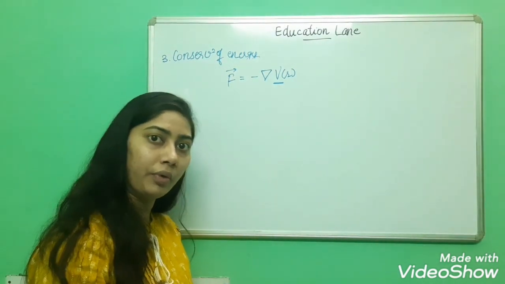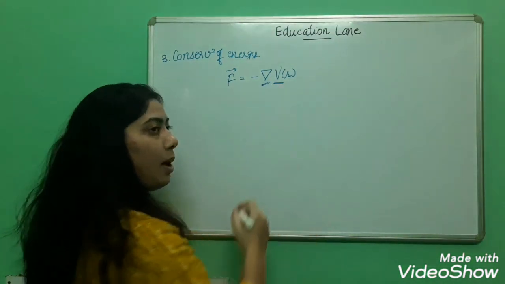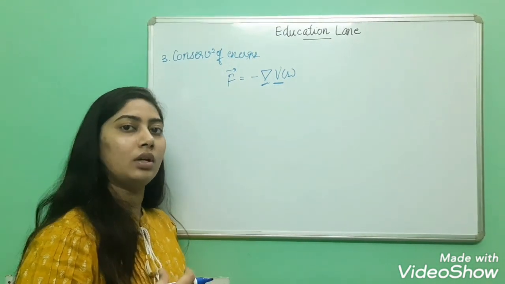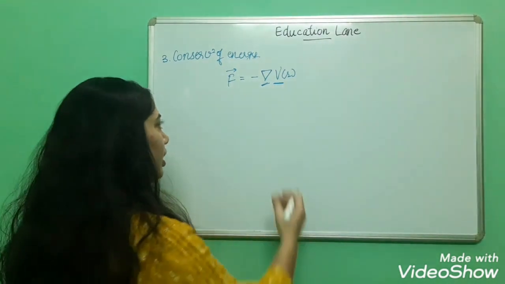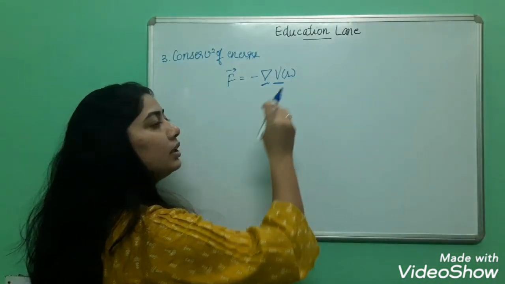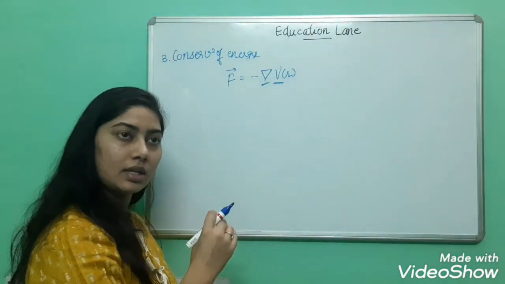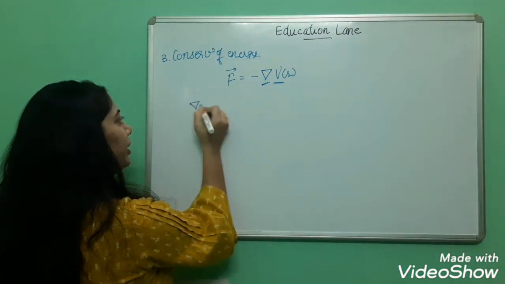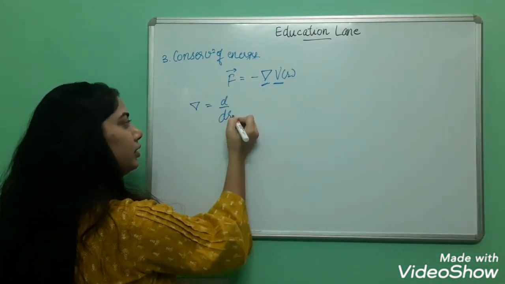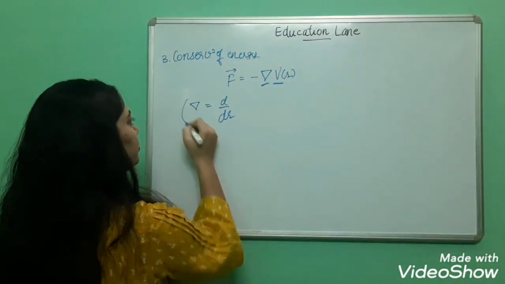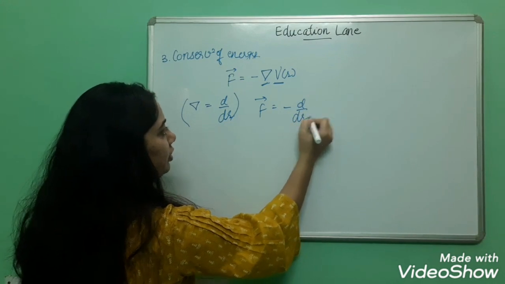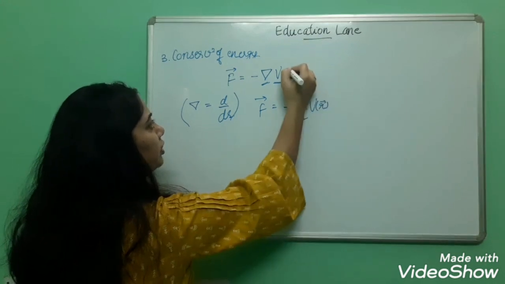This is the gradient, meaning increase: with the increase of distance, an increase in some quantity. Now what does this negative show? This negative shows that with increasing distance, this value is decreasing. Del, I can write it like d by dr. This is my potential.